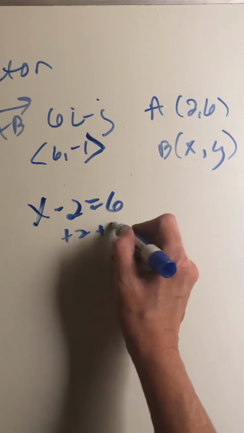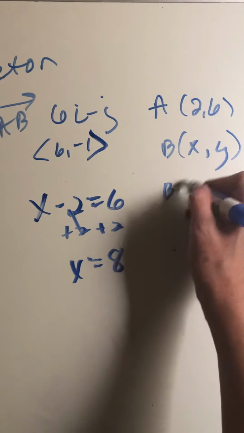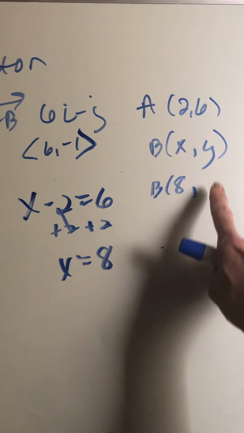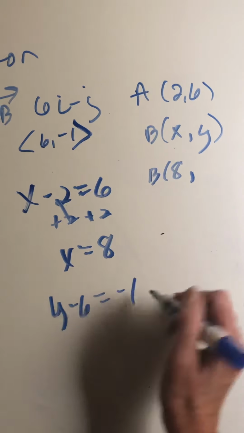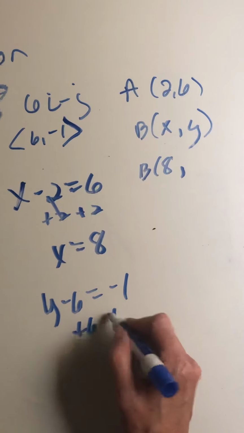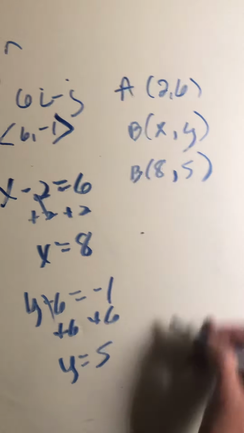So if I add 2, x is going to be 8 for B. Then for y, it would be y minus 6 equals negative 1. Then you add 6. So y is 5. So B would be 8, 5.